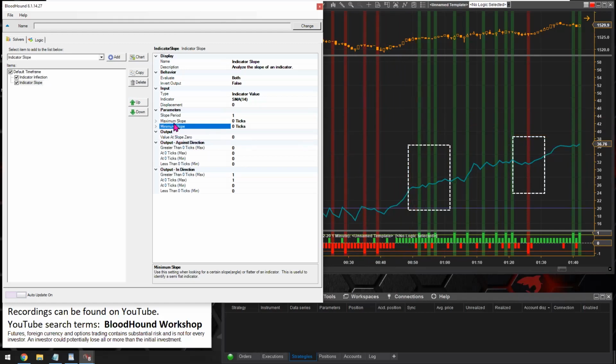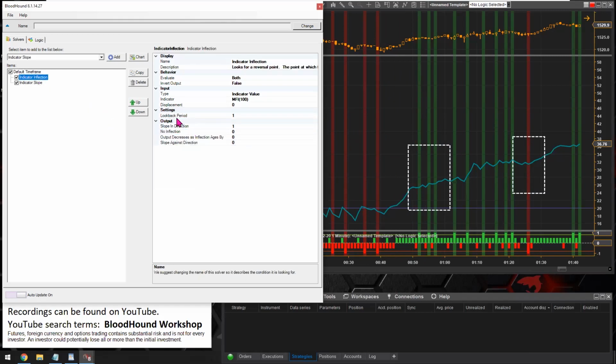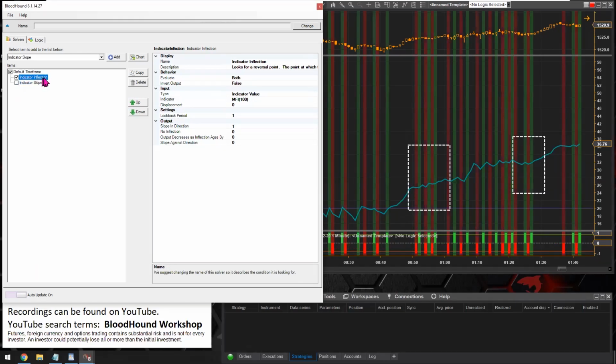So the question was, is there a way to use that concept on the inflection solver? If we look at the settings, we can see no, the inflection solver doesn't have a minimum or maximum. Basically, if your indicator is reversing direction, it's reversing direction.